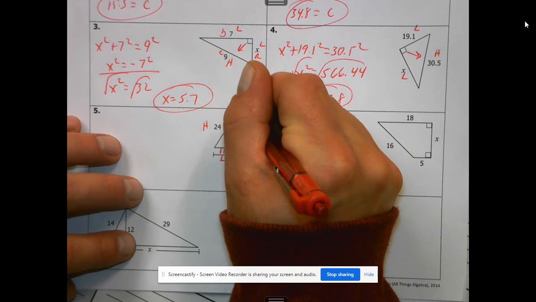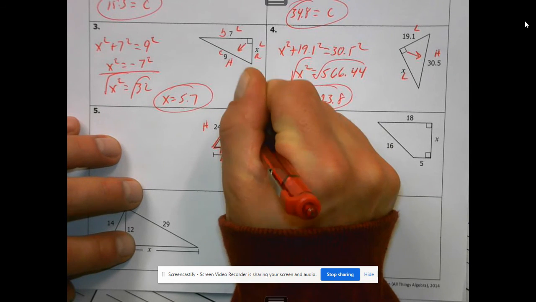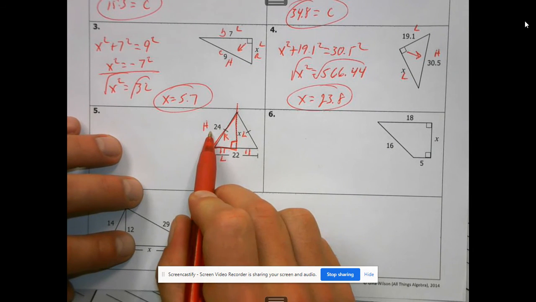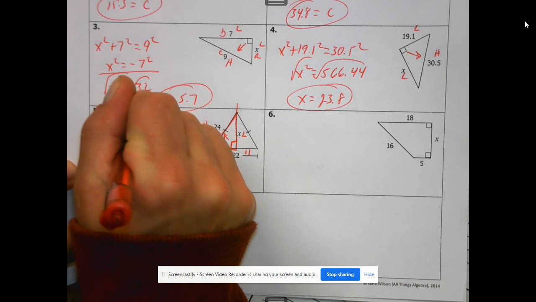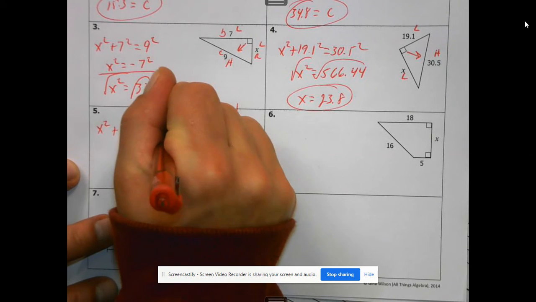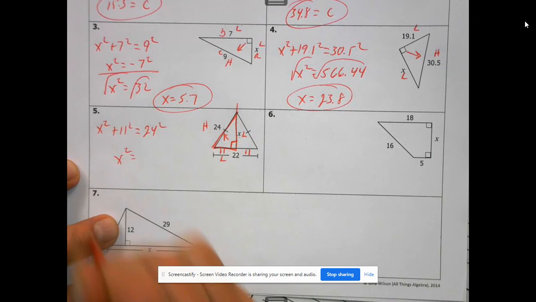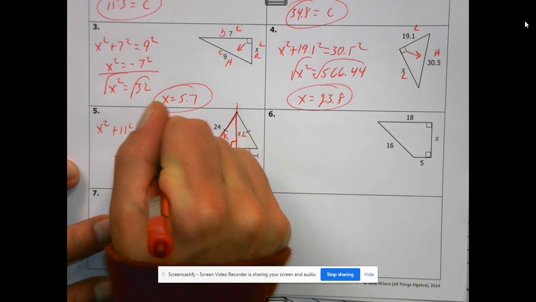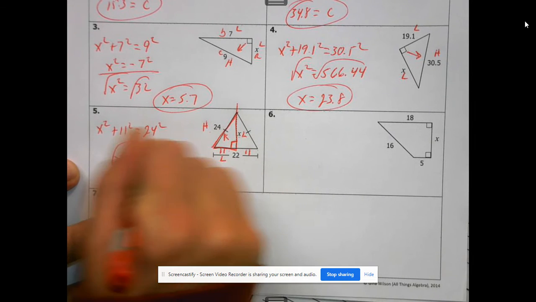So here's my triangle right here. Got the hypotenuse, missing a leg, just like 3 and 4. Set it up. X squared plus 11 squared is 24 squared. Subtract over the 11 squared. That comes out to be 455. Square root that. The answer is 21.3.